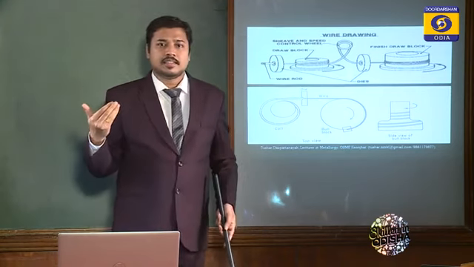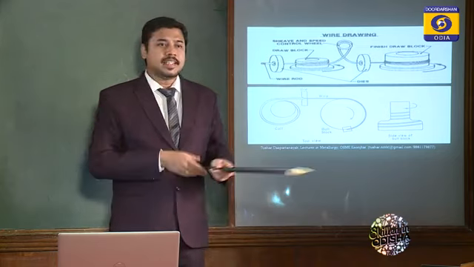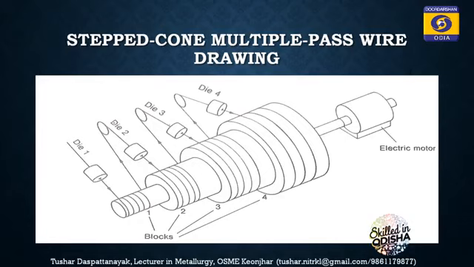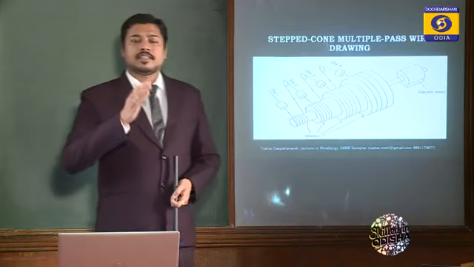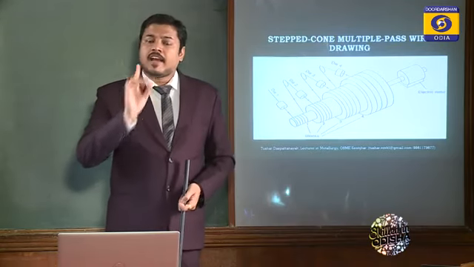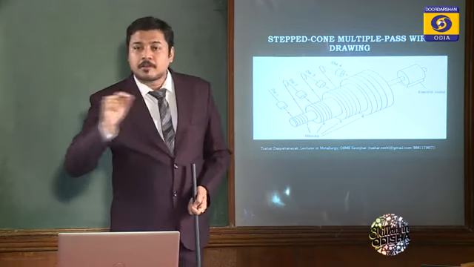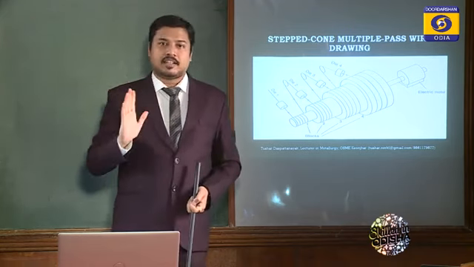So what will be the remedy? Engineers found out a solution. This is the solution. They used a stepped cone multiple pass wire drawing. I've already mentioned, you can't get wire out of single pass. You have to pass it 3-4 times so that you can get desired wire.